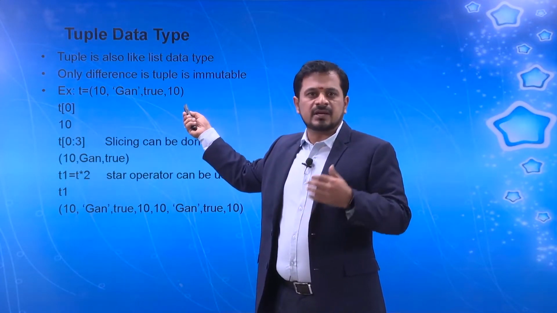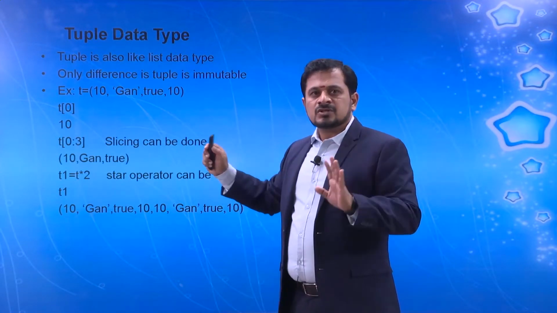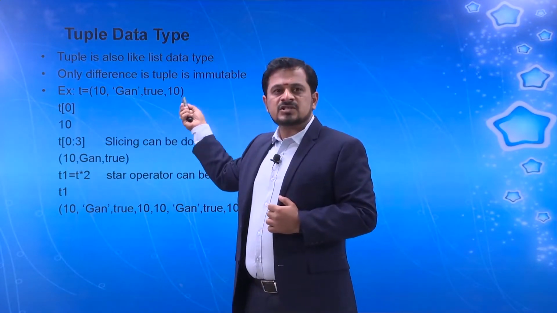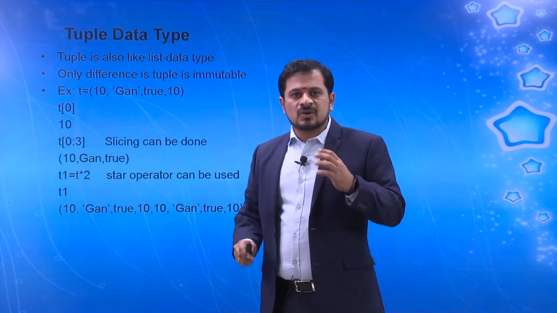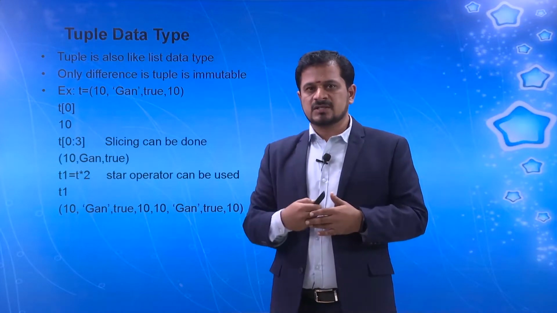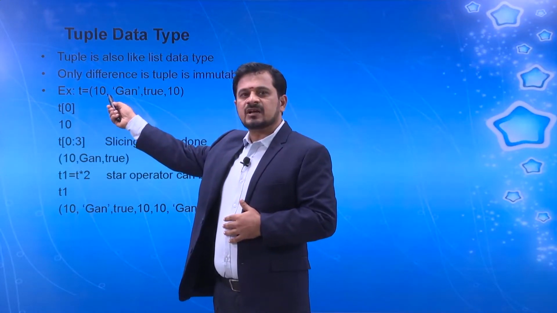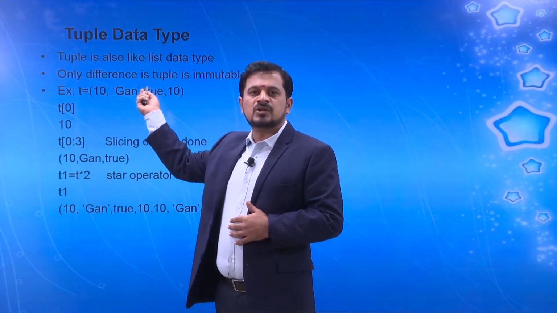Either you can take an integer or string or boolean or whatever. So now this is my tuple data type. In this tuple, I want to get the first data. As with bytes and byte arrays, the same way you can get your data. T of 0 will take the first data. T of 1 is going to take the second value, the string value.